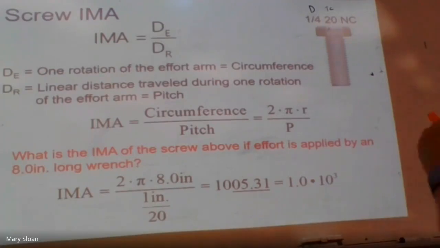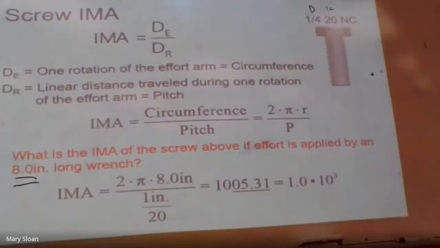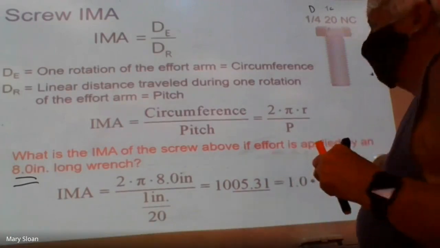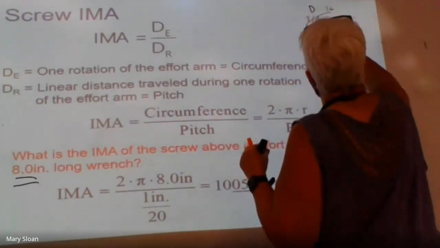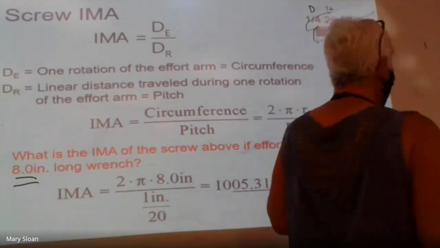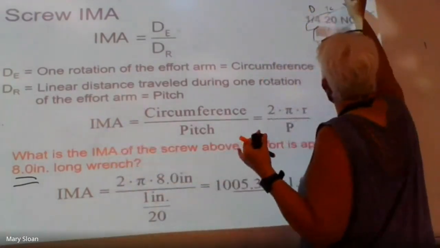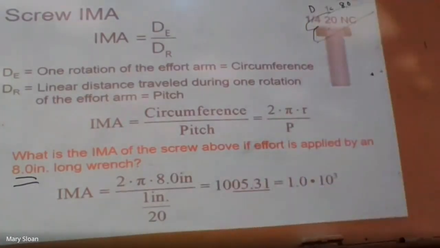Where did I get my 8 from? Here's my applied force. So the 8 is the radius? The 8 is the effort applied by an 8.0 inch long wrench. So in other words, think of a wrench up here that's turning this screw.